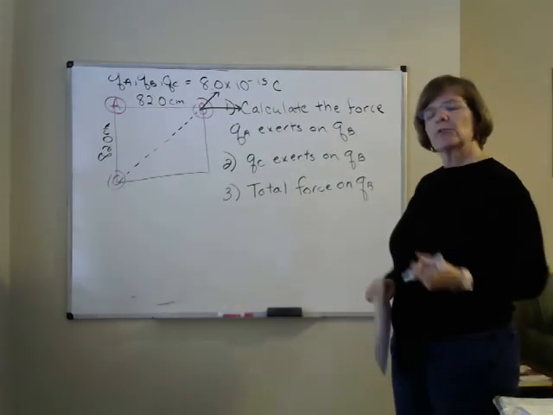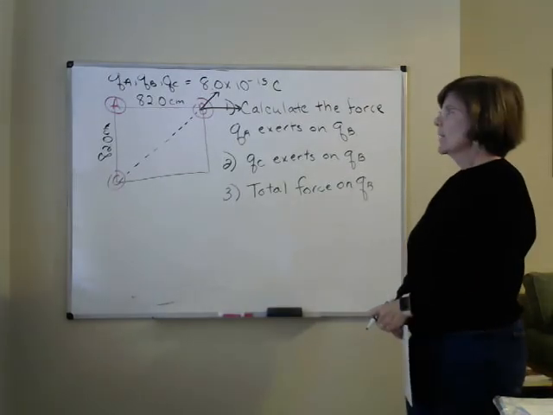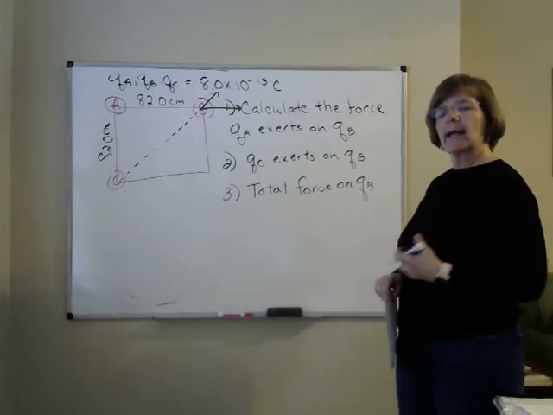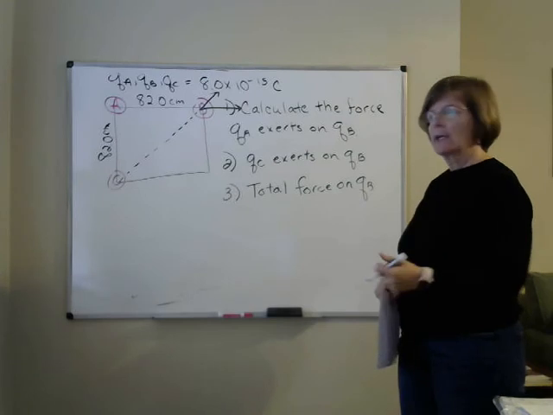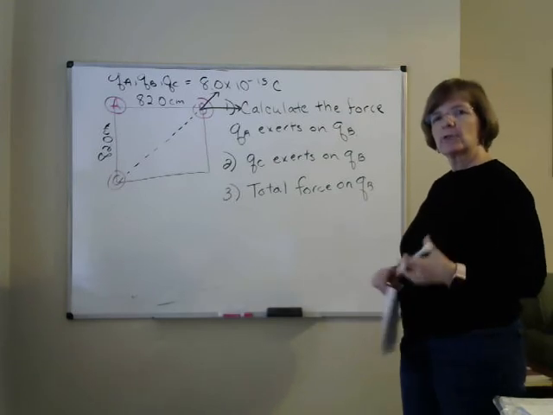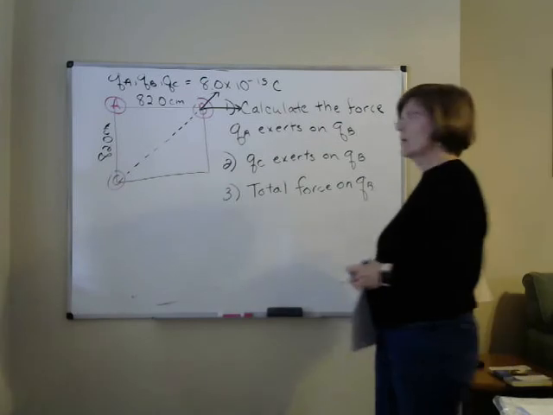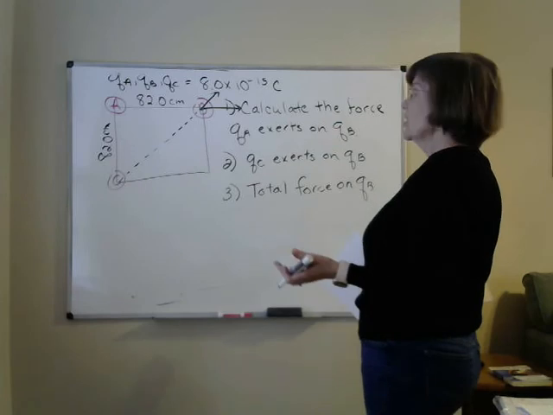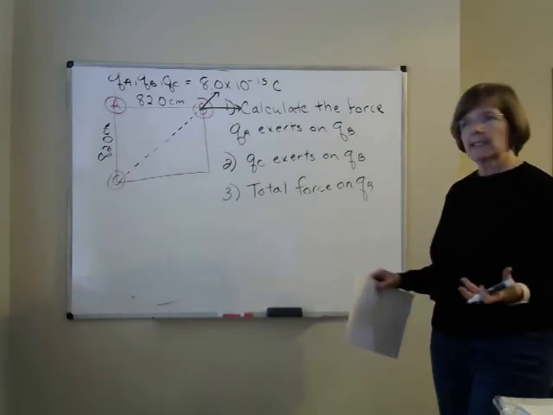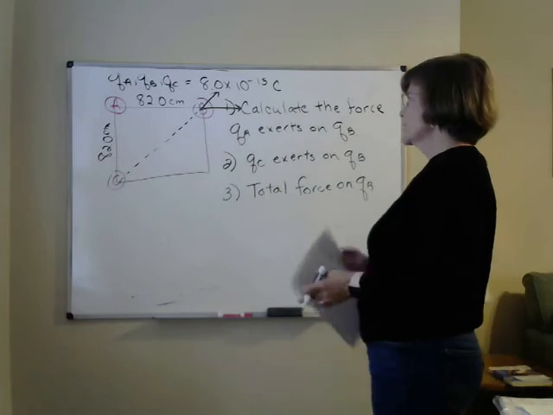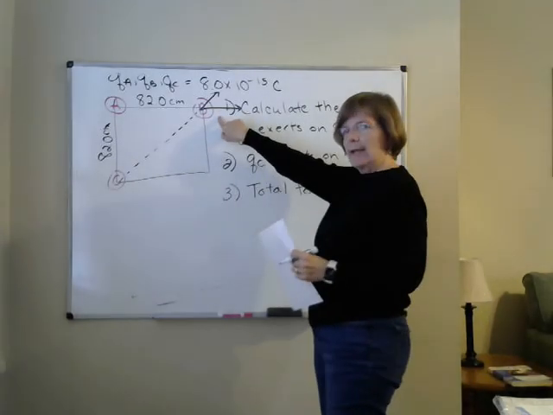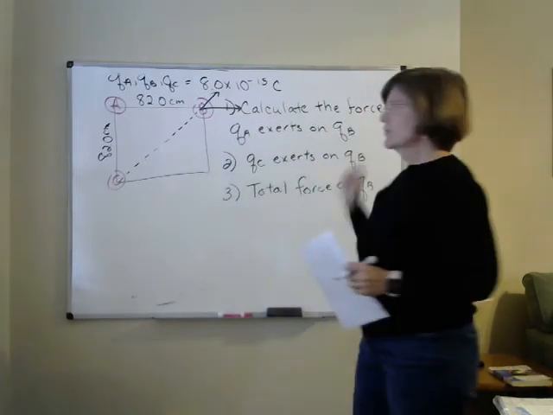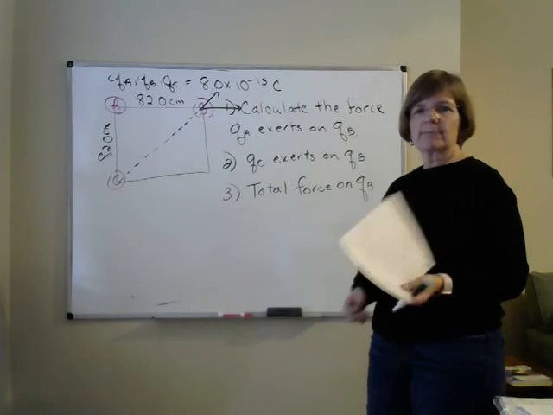Which one will be stronger? All the charges are equal, so since A is closer to B, A will exert a larger force than C, because force decreases as you get farther apart. The direction of the force exerted by A will be at 0 degrees, directly to the right, and the force exerted by C will be at 45 degrees.